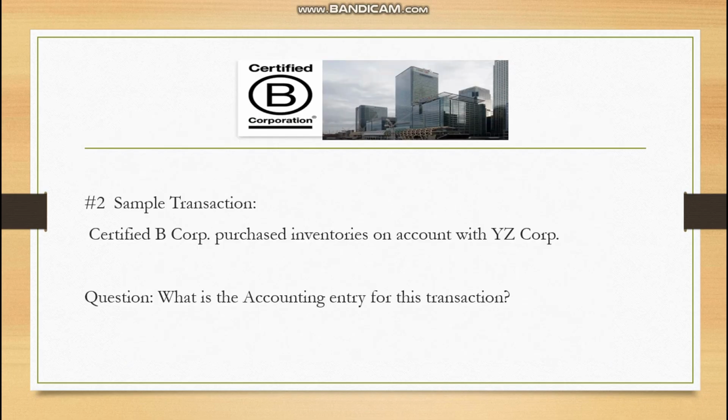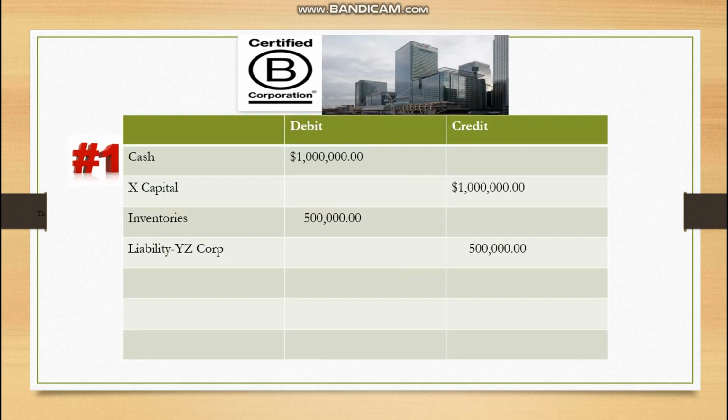Now, for the second sample transaction, Certified B Corporation purchased inventories on account with YZ Corporation. What is the accounting entry for this transaction? Okay, so when we go back to the books of accounts of Certified B Corporation for this second transaction, debit inventories of $500,000 and credit liability to YZ Corporation $500,000.